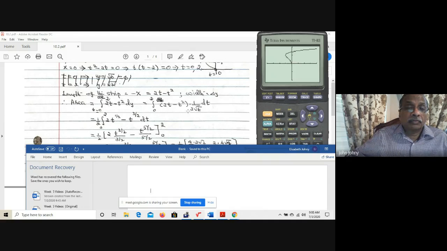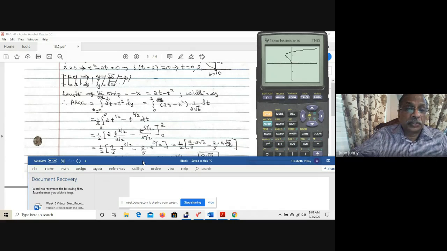Yeah, this 1/2 is pulled out. That's the reason. So it is 1/2 times the integral of 2t to the 1/2 minus t to the 3/2. That is 1/2 times 2t to the 3/2 over 3/2 minus t to the 5/2 over 5/2.